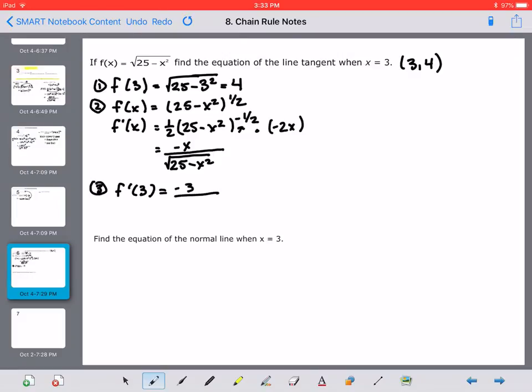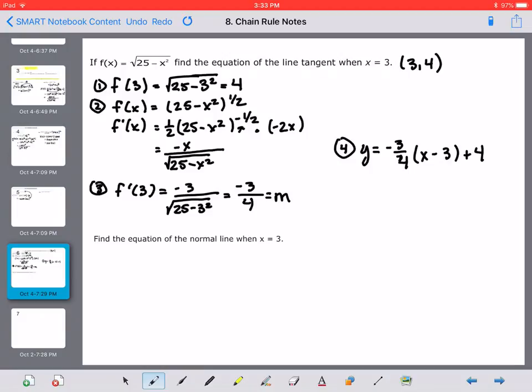So -3 over the square root of 25 minus 3 squared. So I get -3. We've already calculated the bottom to be 4. So there's my slope. And then of course to answer the question, that's my step 4. So we use y equals my slope, my m, times x minus my x value plus my y value. And there's the equation of the tangent line.